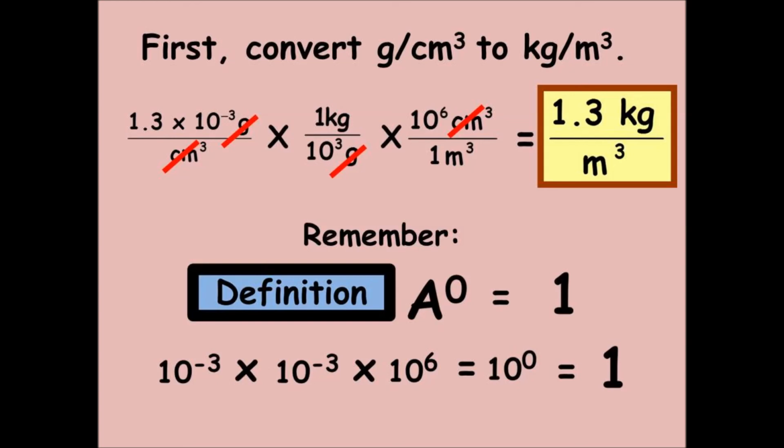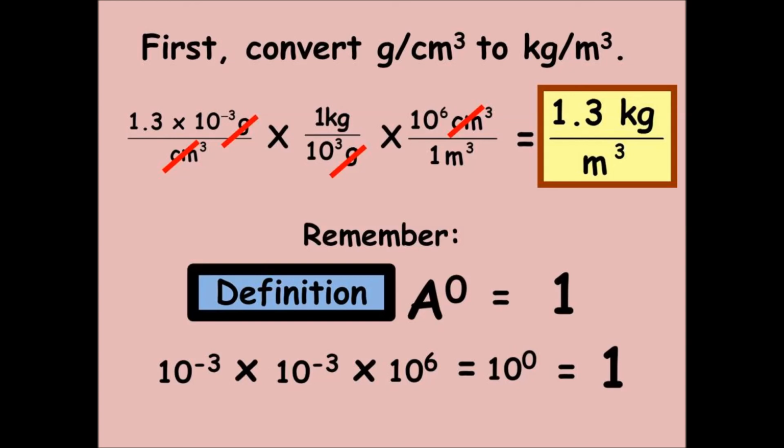So the grams cancel. We took care of the grams, that's in kilograms. Now we want to take care of the cubic centimeters. And there are 10 to the 6th cubic centimeters in 1 cubic meter. Why is that true? Well, it's really 10 squared centimeters quantity cubed over 1 meter quantity cubed. 1 meter quantity cubed is 1 cubed meter cubed, which is 1 meter cubed.